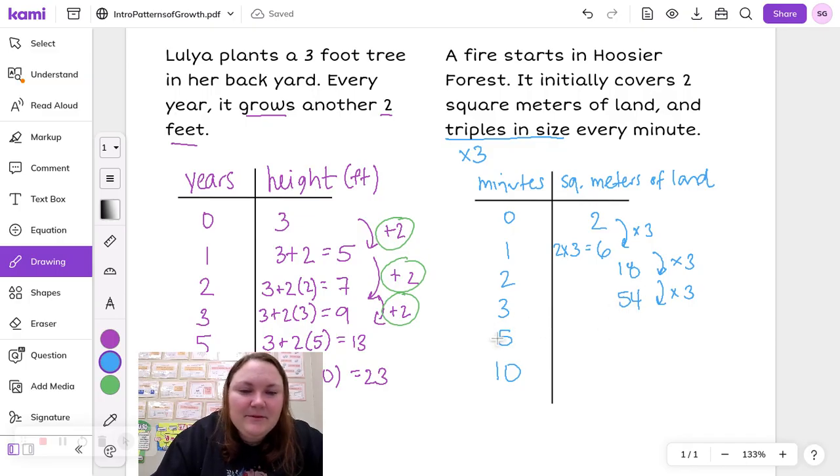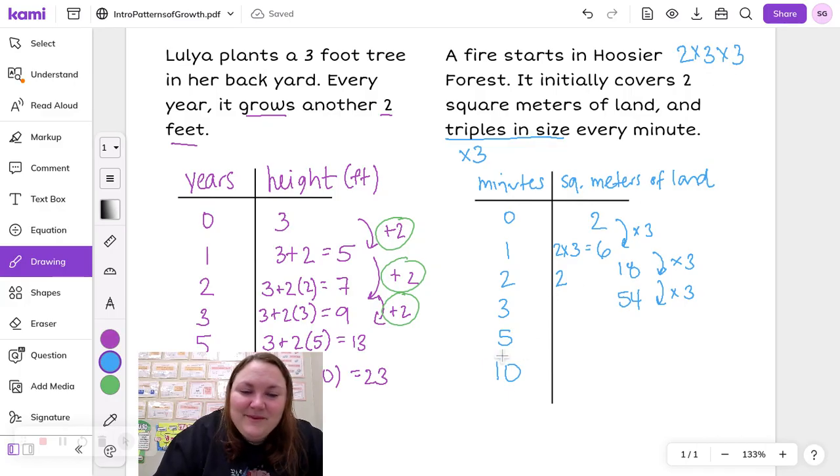That's going to be really important when we get to minutes 5 and 10 when we've skipped some. So going back to minute 2, a way we could write our expression is saying it's starting at 2 square meters, and after 2 minutes it is tripled twice. It starts with 2, and then after 2 minutes, it's tripled once, it's tripled twice.